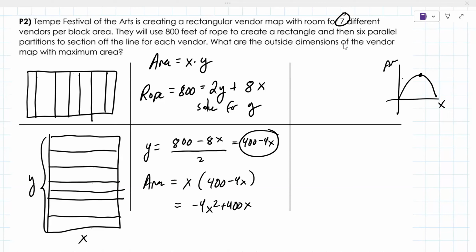How are you doing on this one? I found the x of the vertex. What did you get for that?